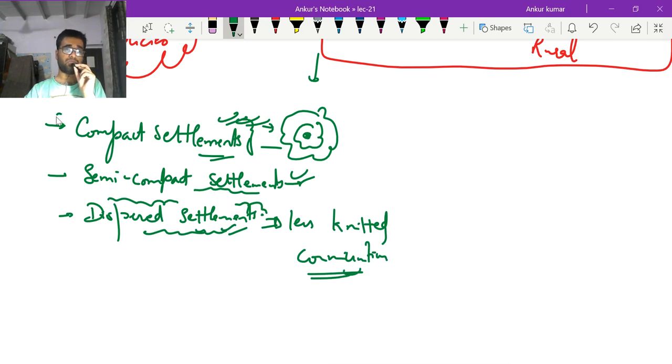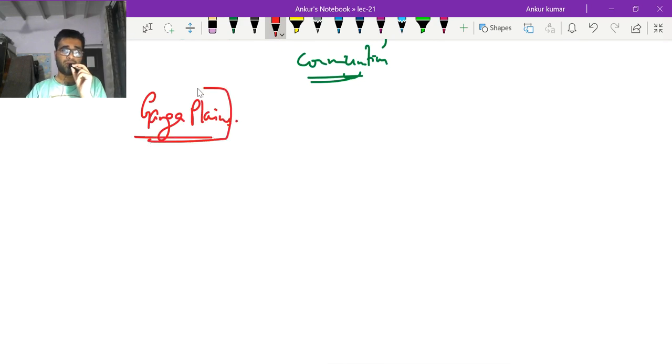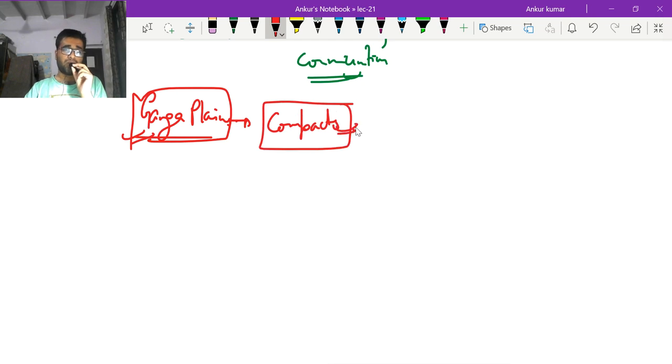So these are the three terms that we must know before we do some of the basic concepts of the regional distribution of settlements in rural India. Let us say we want to study the settlements in the Ganga plains. In the Ganga plains, settlements are basically compact. But it is not that everywhere in the Ganga plain the settlements are compact.